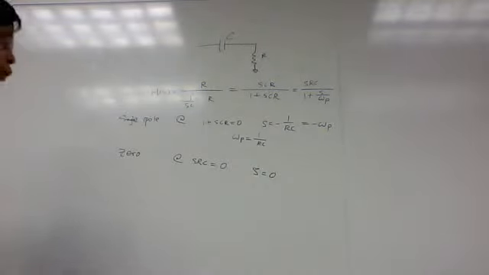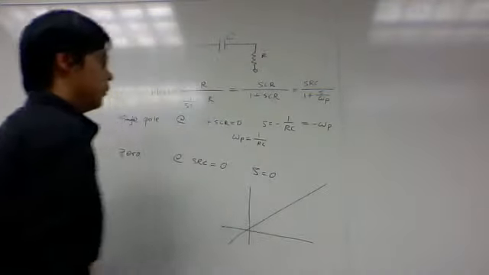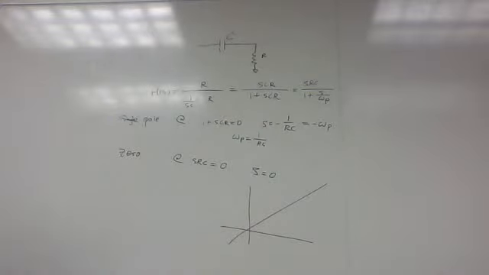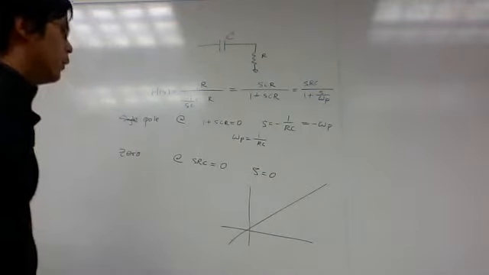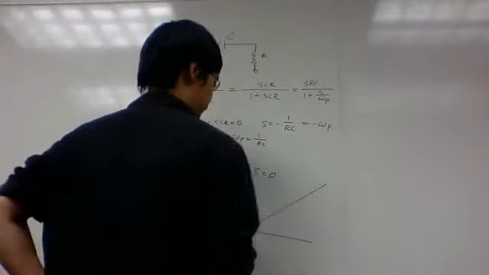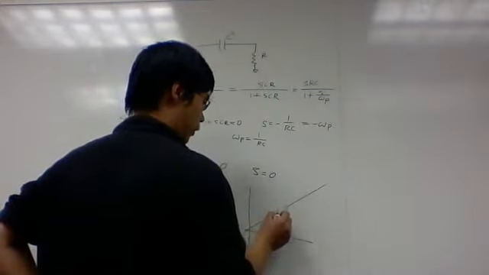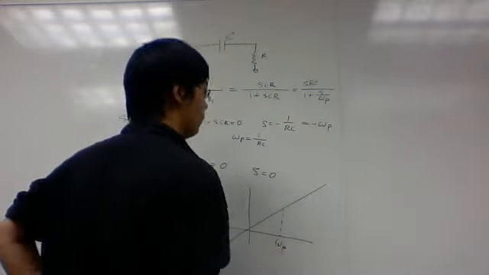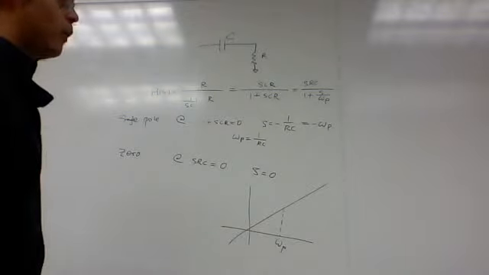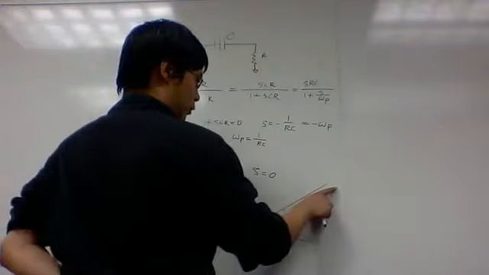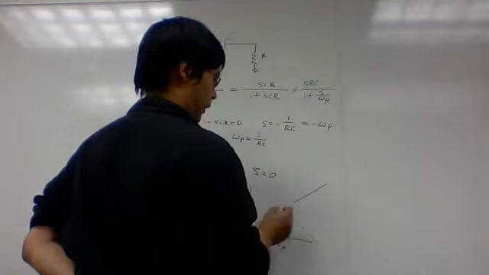If you have a zero at the origin, that means you'll be monotonically going up. If S is infinite, then your H of S will be infinite as well. So this is kind of interesting. You start ramping up at 20 dB per decade. Then when you hit omega p, the pole frequency, your zero wants to continue going up 20 dB per decade, but your pole wants to go down 20 dB per decade.